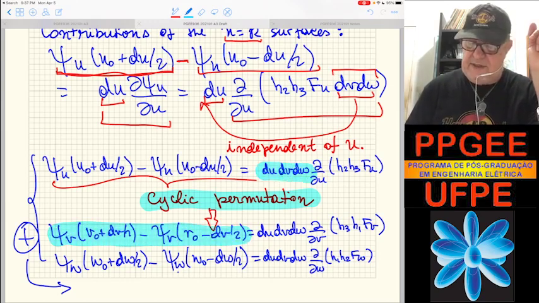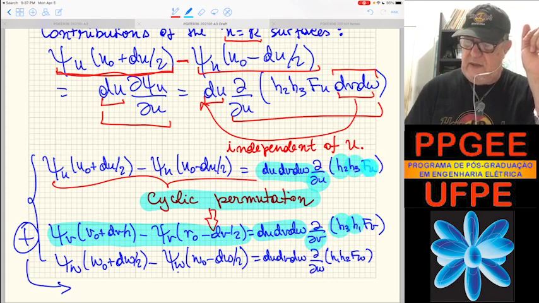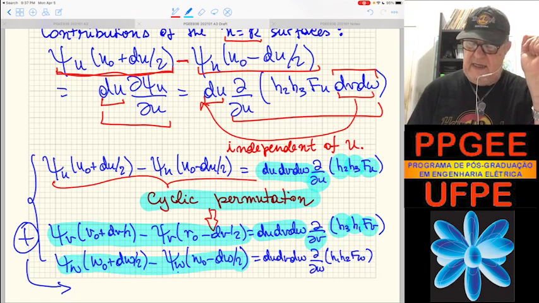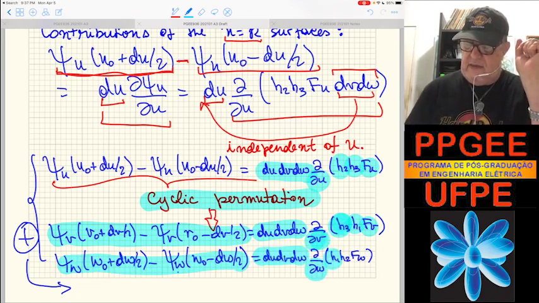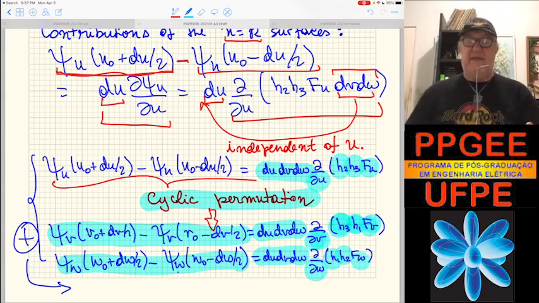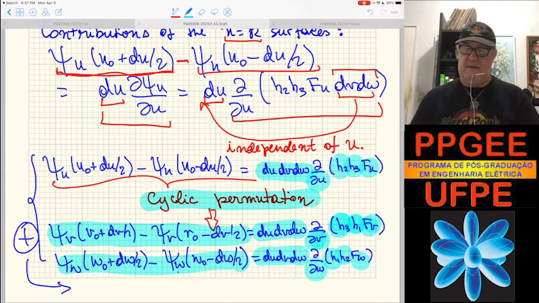This isn't changed, same factor. U goes to v, 2 goes to 3, 3 goes to 1. And also, if you want to go to the w constant surfaces, this isn't changed. V goes to W, 3 goes to 1, 1 goes to 2. So the flux outwards is the sum of these three contributions, okay?